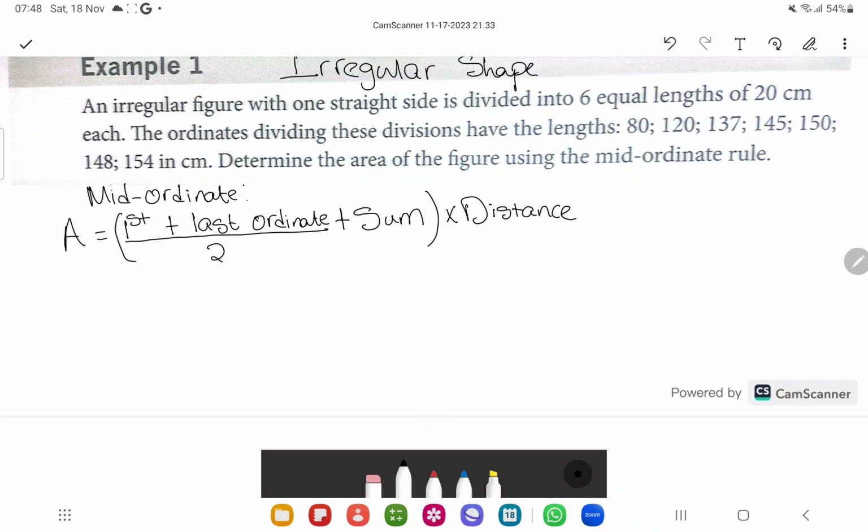It says the first plus the last, divided by 2, plus the sum. We are only dividing this by 2.